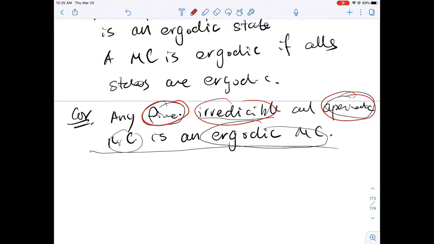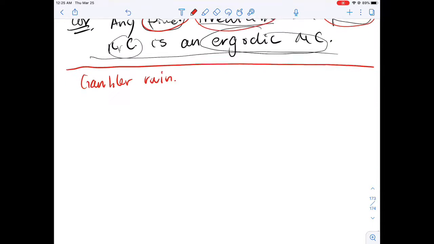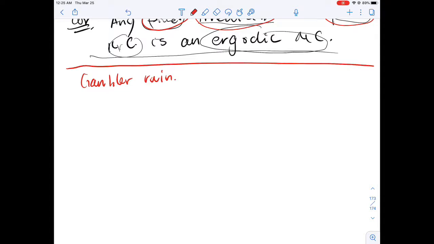So now, after all these definitions, let's talk about something called the Gambler's Ruin. Underneath, it's asking this question: I have a Markov chain, and the transition probability is pretty straightforward most of the time.